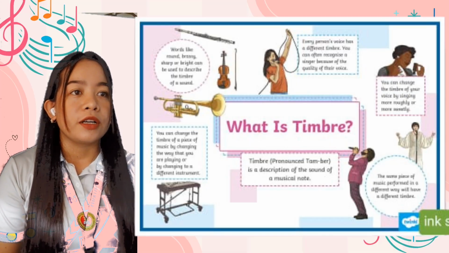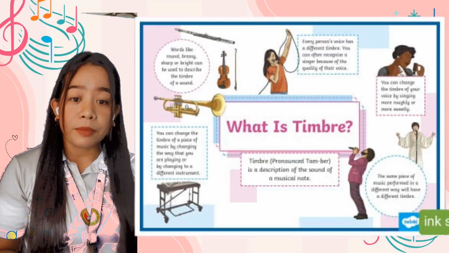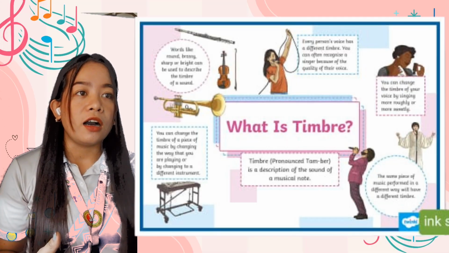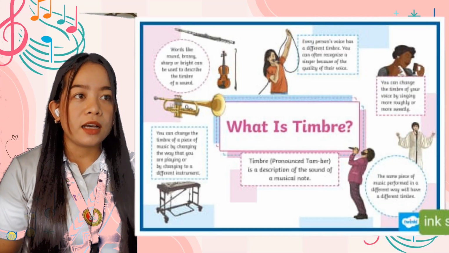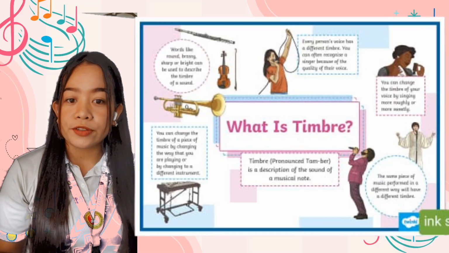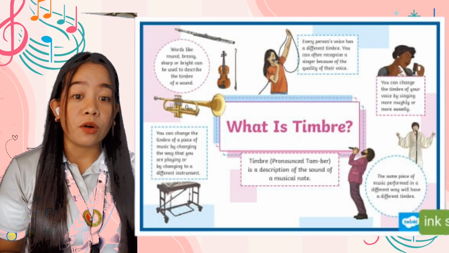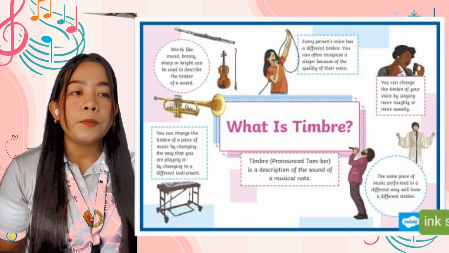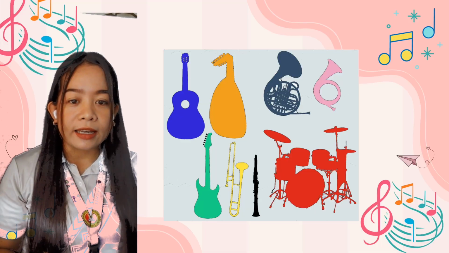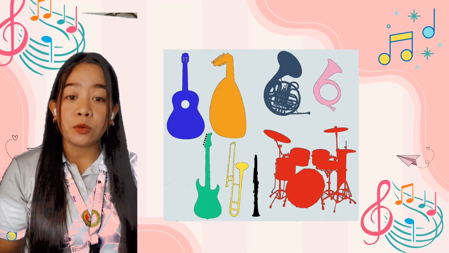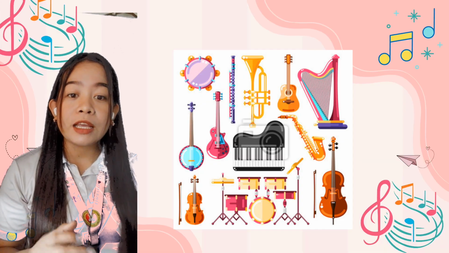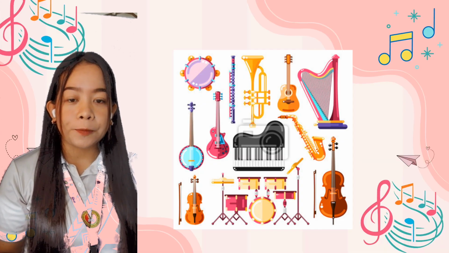So when we say timbre, this is what makes sounds special and unique. It is the reason why we can tell the difference between sounds even if they are loud or soft and high or low. For example, when a piano, guitar, or a violin plays the same note, we still know which instrument is playing.